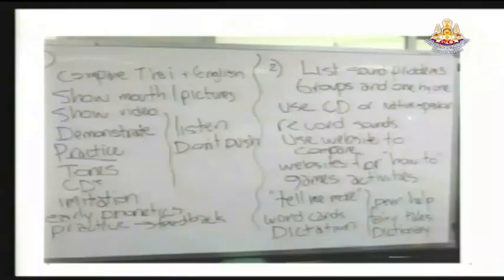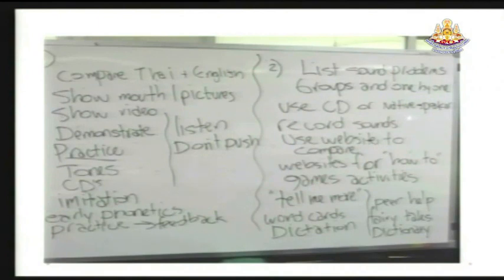So one of the ideas is comparing Thai and English. We did that yesterday, compare Thai and English. Show the mouth. Show pictures of the mouth. We did that yesterday. Show some videos. Videos are really good. If you have a computer in your class, the videos are very good. Demonstrate. Show your lips, show your teeth, show your tongue.